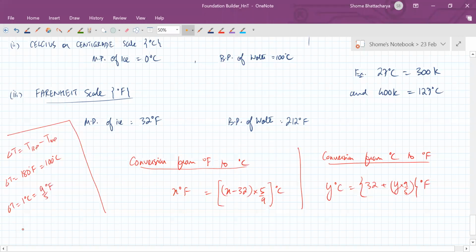And an interval of 1 degree Fahrenheit is equivalent to 5/9 in degrees C. Yes, very interesting, sir. That's correct. There's an additional point that a reading at minus 40 degrees Fahrenheit is equivalent to a reading at minus 40 in degrees C. That is where the two scales coincide.